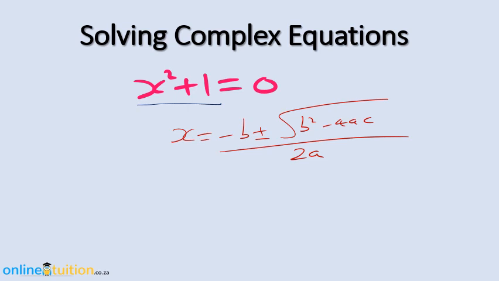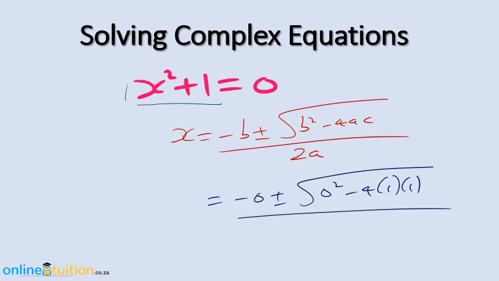Now a is 1, b is the coefficient of x, which is 0, so it's minus 0 plus or minus the square root of 0 squared minus 4, a is 1, c is 1, all over 2a, 2a was 2 times 1.